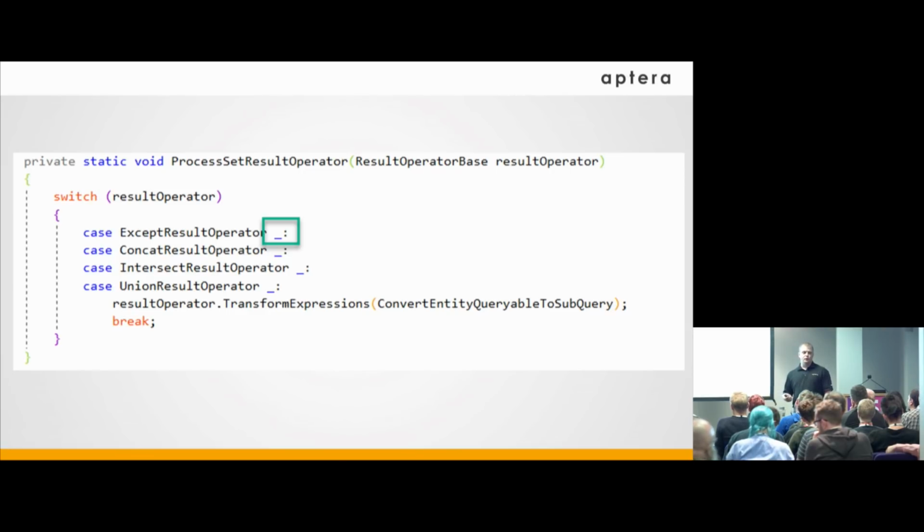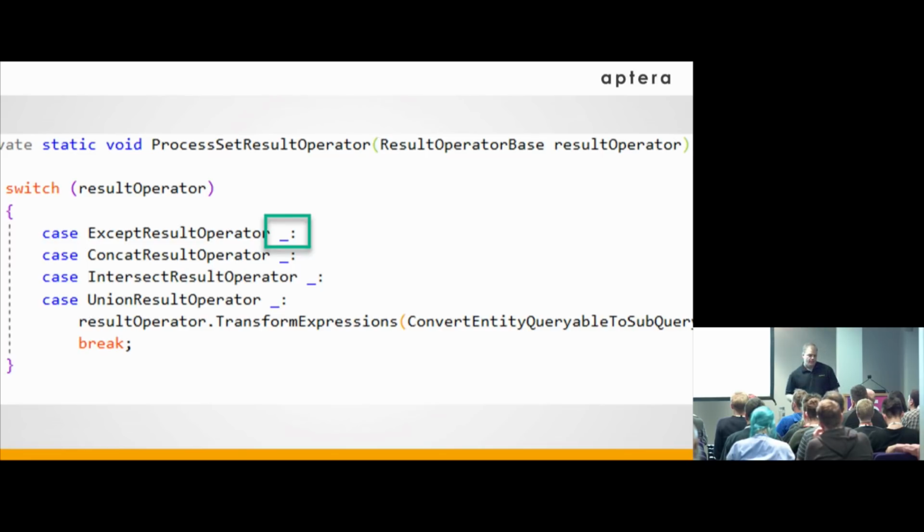But for example, if you want to call TryParse and you don't actually care about the output value, you can just discard it now and accept the Boolean result of the try. It's worth noting that before C# 7, a single underscore was a valid variable name, or a valid identifier.